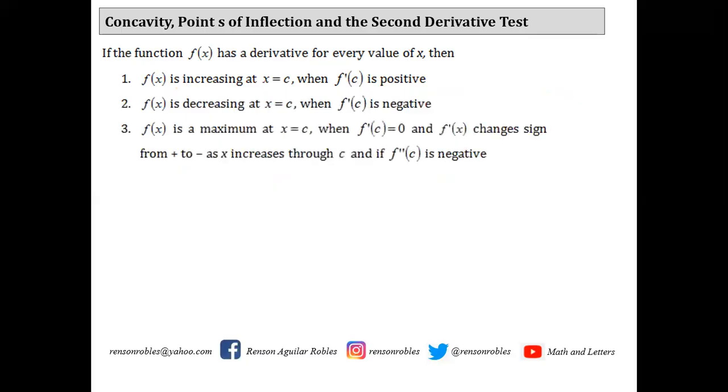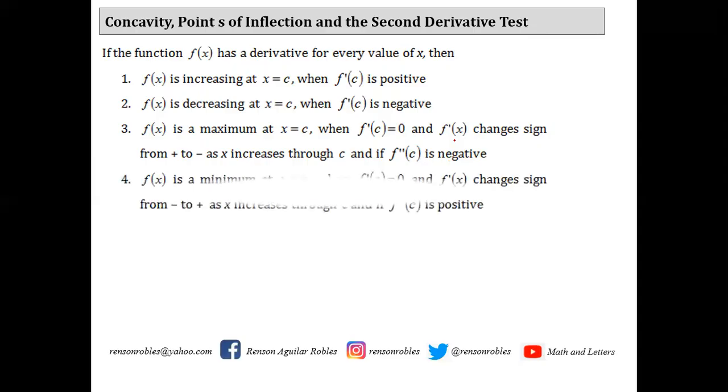And f of x is maximum at x equals c when f prime of c equals 0, and f prime of x changes sign from positive to negative as x increases through c, and if f double prime of c is negative. And f of x is minimum at x equals c when f prime of c equals 0, and f prime of x changes sign from negative to positive as x increases through c, and if f double prime of c is positive.